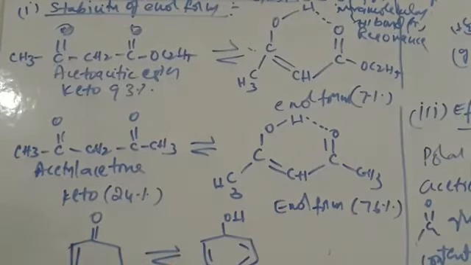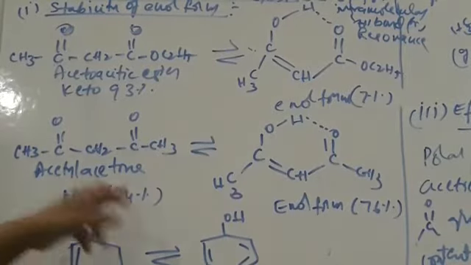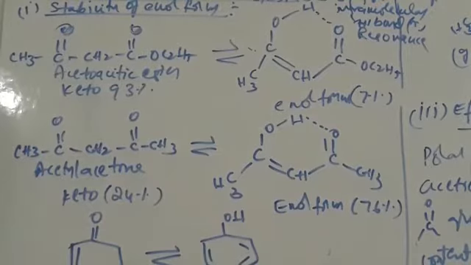Then in an aromatic compound, for example, cyclohexa-2,4-dien-1-one. A cyclic compound, cyclohexa, with unsaturation at the second carbon and fourth carbon, so 2,4-diene, and the first carbon having a keto group, so 1-one. This is the keto form.